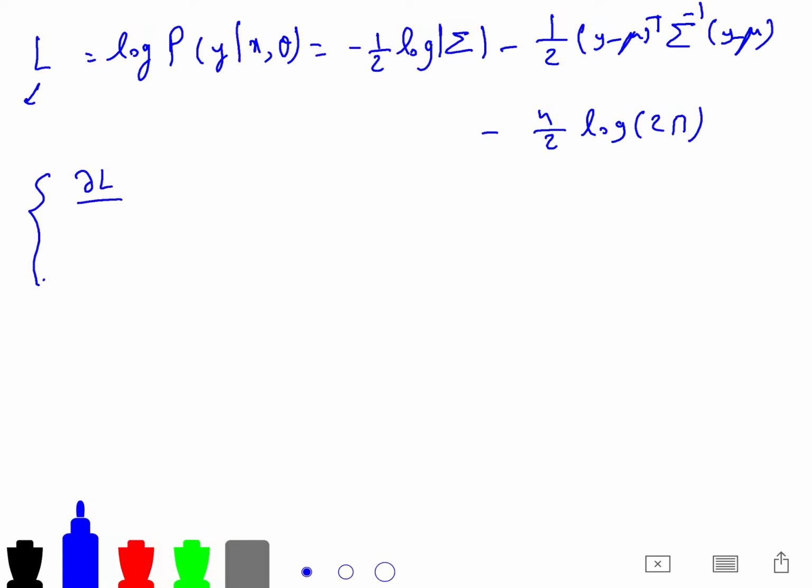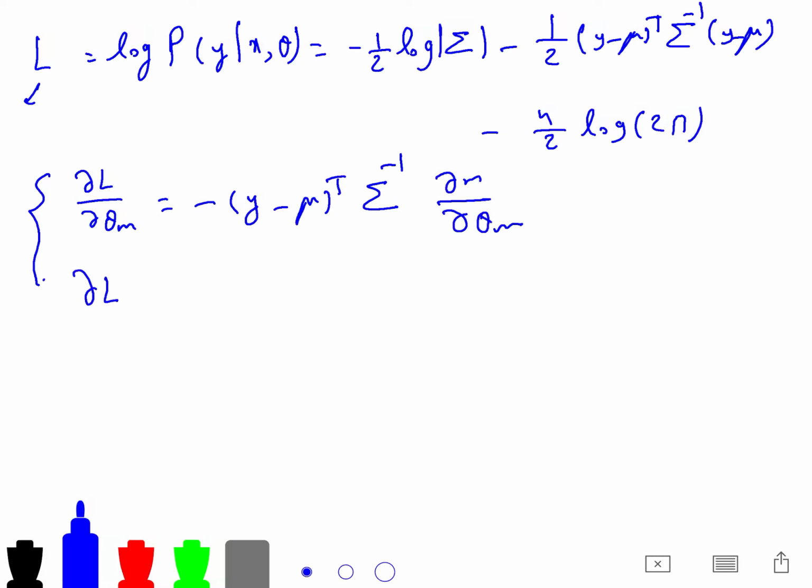So the derivative of L with respect to theta m is equal to minus y minus mu transpose sigma inverse. You make derivative with respect to theta m.